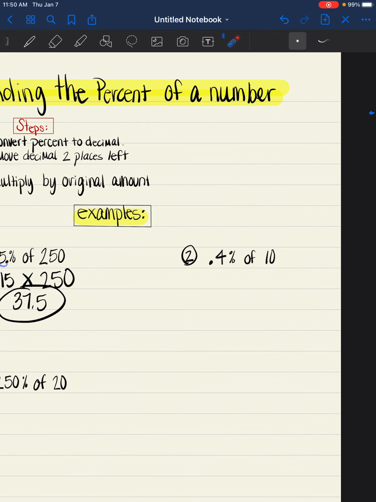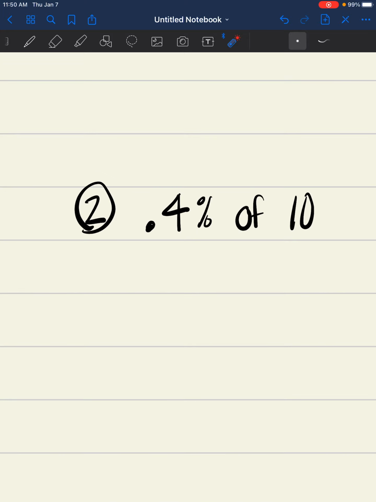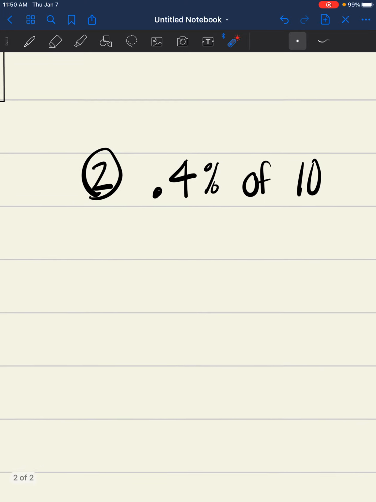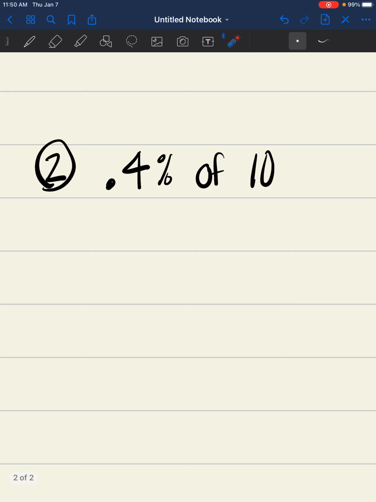Okay, moving over to our next example, we have an example where they did give us a decimal in the problem, so we don't have to write one in. So again, we're just going to start with the decimal place and move it 1, 2 places to the left. And obviously, just like last time, we don't have any numbers here, so we're going to have to add in our placeholders.